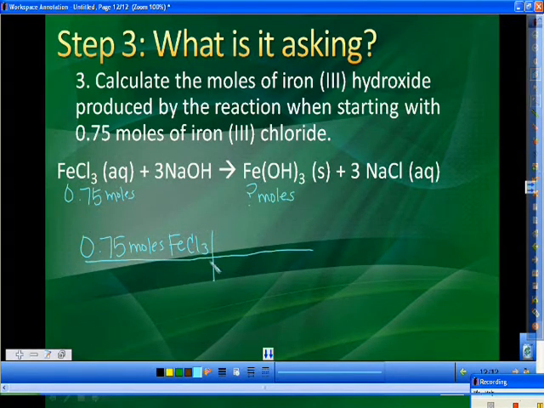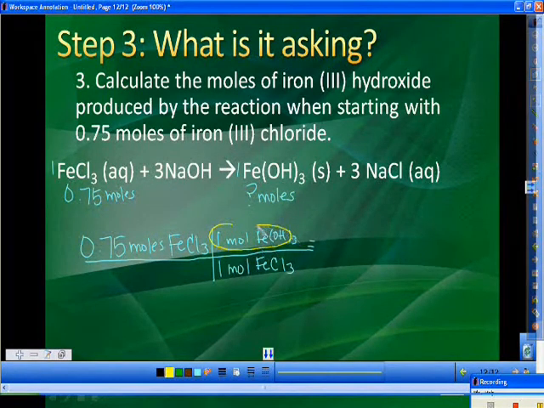And let's make a mole ratio. Now we see here there's 1 mole of iron 3 chloride and 1 mole of iron 3 hydroxide. And so now we have arrived at the unit that we want.